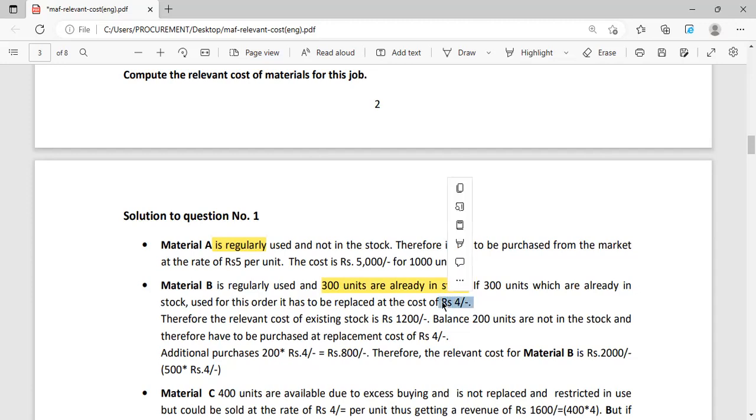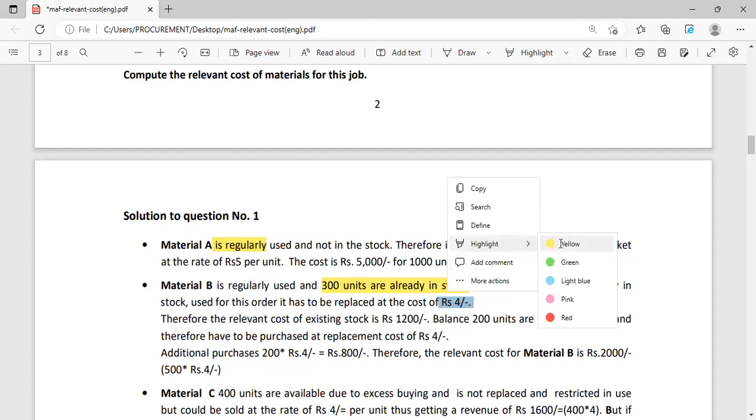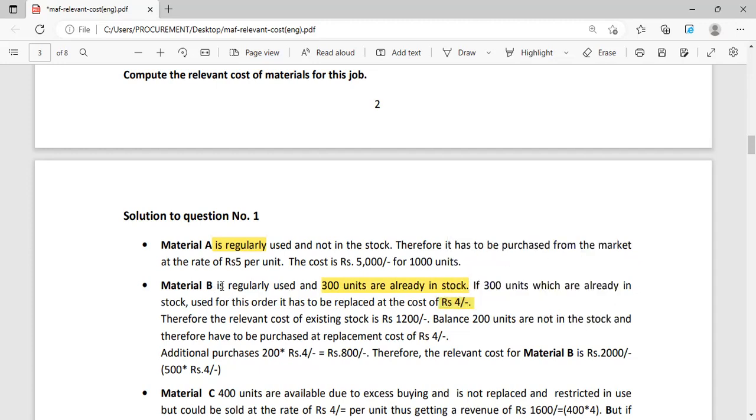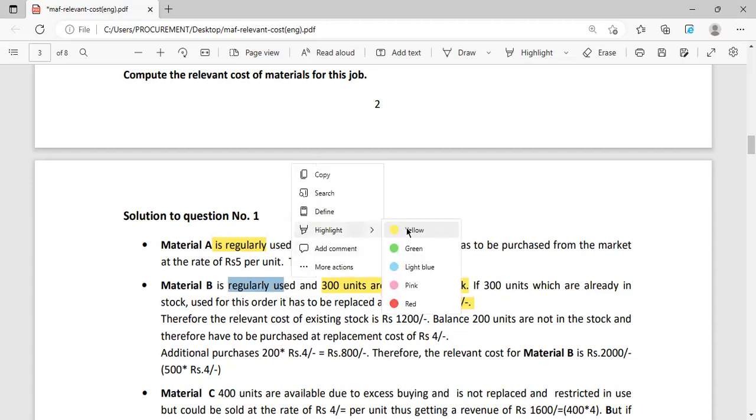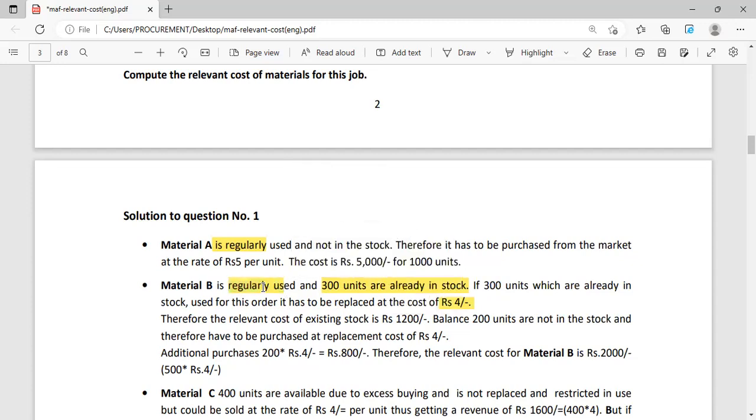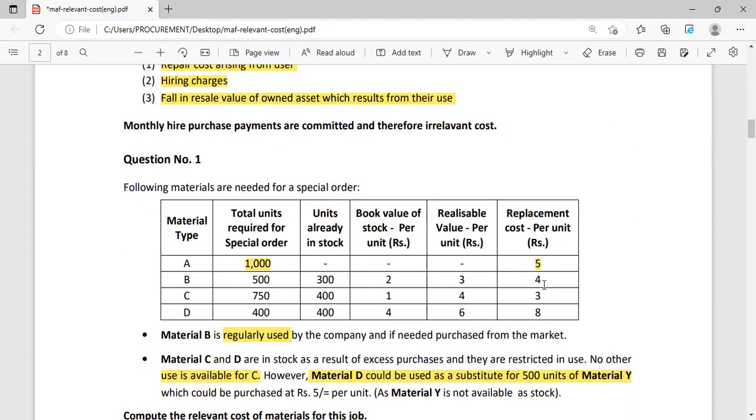Because it is regularly used, anytime you see regularly used, you must make sure you replace it, because once you use it now, you are still going to use it in another project. So you use the replacement cost of that material, which is 4 naira.